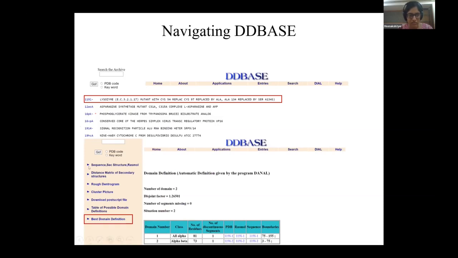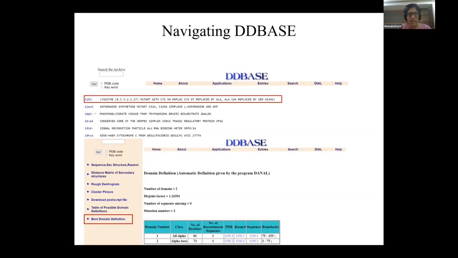The disjoint factor is 1.2, and the first domain consists of only alpha helices, so it says here all alpha. The second domain has beta strands, so it says here all beta, and the number of residues are 81 and 73 respectively. Residues 75 to 155 and 3 to 75 have been assigned to these two domain definitions. These details can be obtained by clicking on the best domain definition.